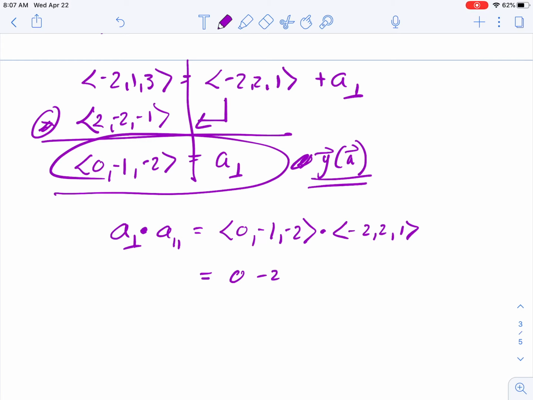So we have here 0, minus 2, did I write something down wrong here? Yep, that should be plus 2. There's my mistake right there. So this should be plus 2, and plus 2, and therefore it's 0. So it checks. Okay, so I got my two components.